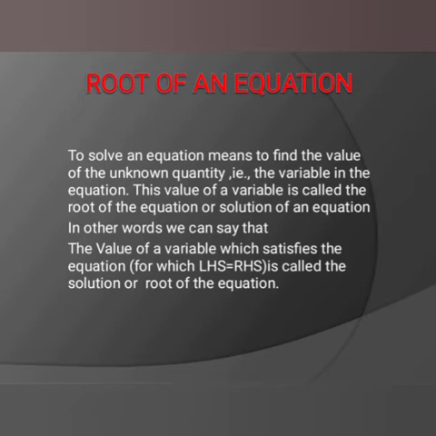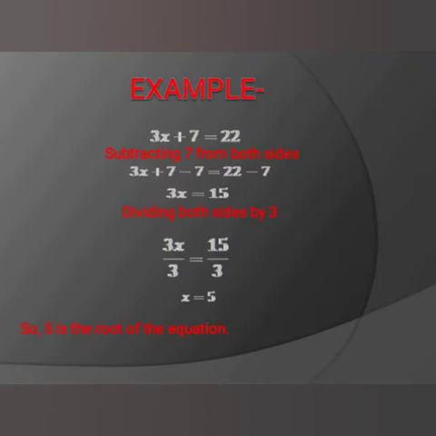Let us understand with the help of one example. 3x plus 7 is equal to 22. In this equation, first of all we will subtract 7 from both the sides. 3x plus 7 minus 7 is equal to 22 minus 7. That is, plus 7 and minus 7 will get cancelled out and 3x is equal to 15.